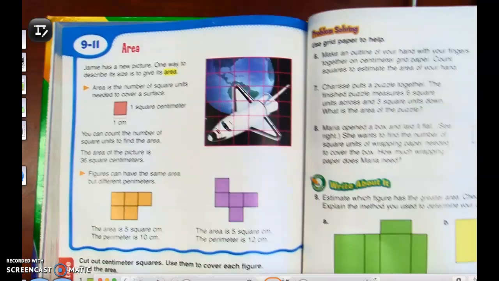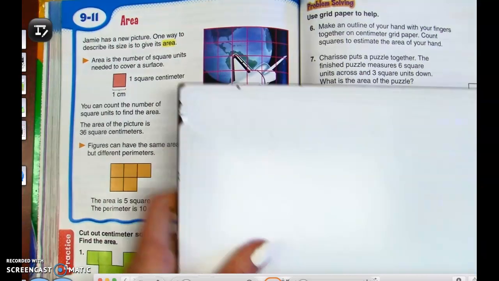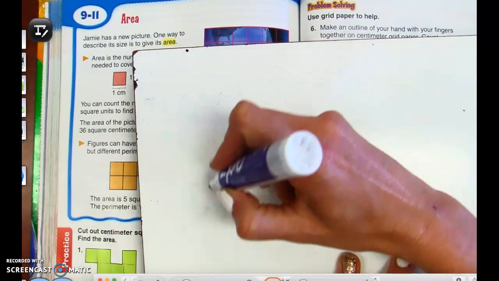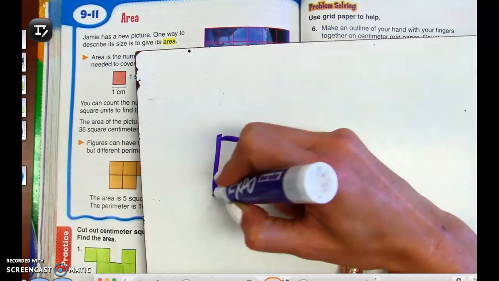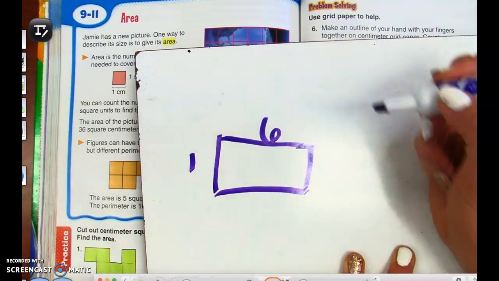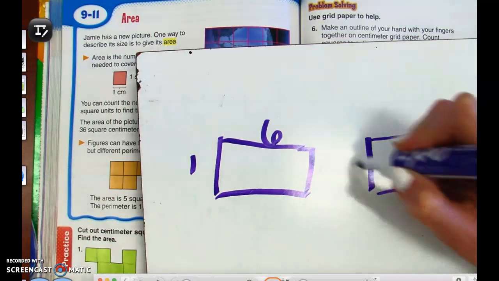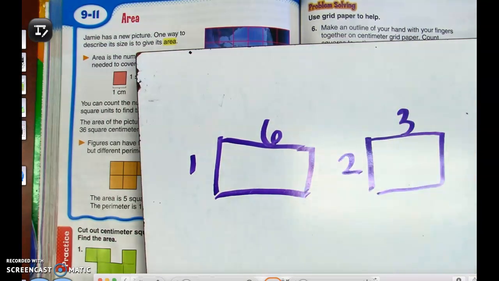So I'm going to have to figure out which one would have the perimeter of 10. And the way that you can do that is draw the rectangle both ways. So if I had 1 and 6, or if I had 2 and 3. So both of those have an area of 6, right?